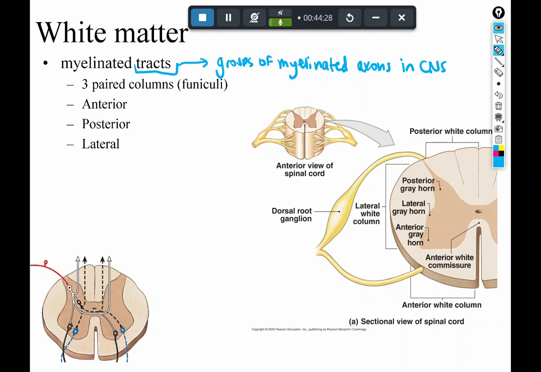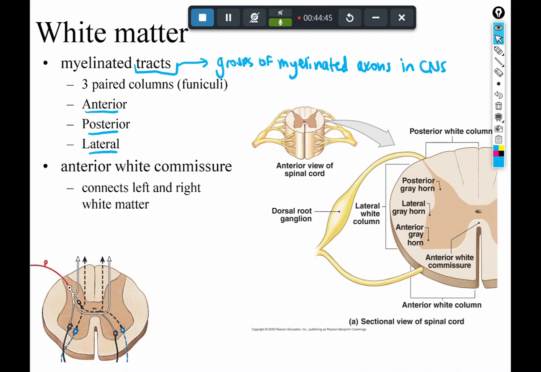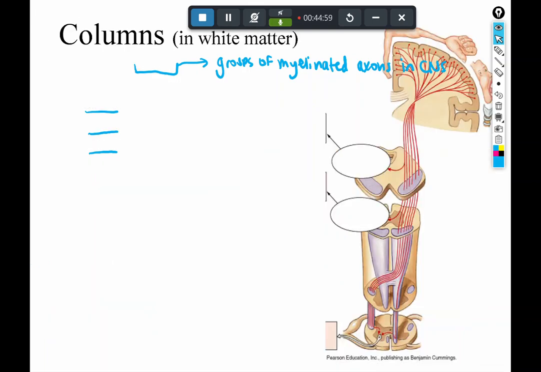There's one per side, and these are named things like anterior, posterior, and lateral, which is nice and easy because that just describes their physical location. Additionally, if we look right here, we've got the gray commissure on either side of the central canal, but we've also got this one white commissure over here, and that's going to connect the left and right white matter.